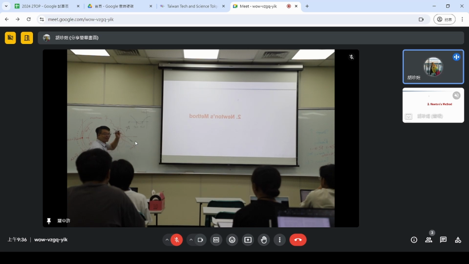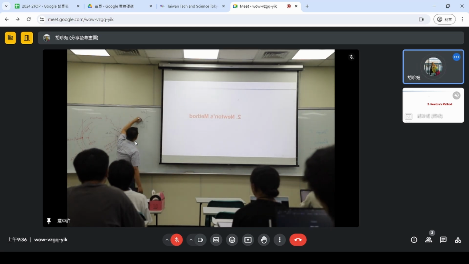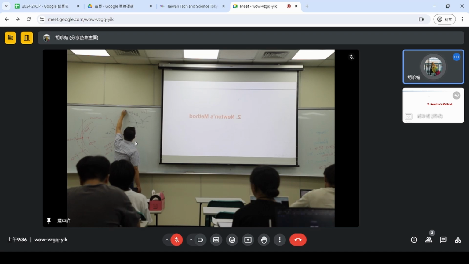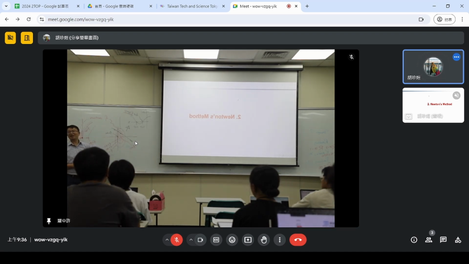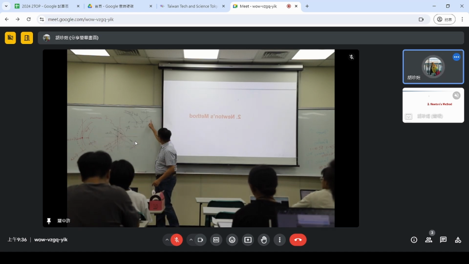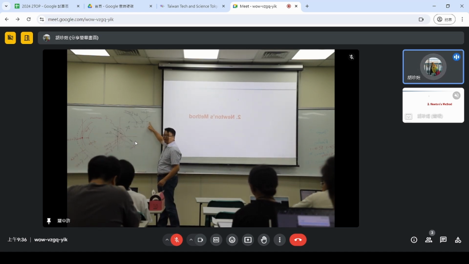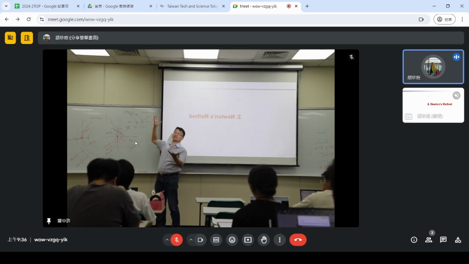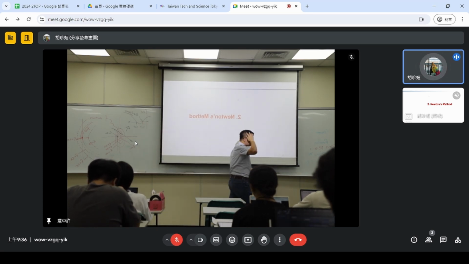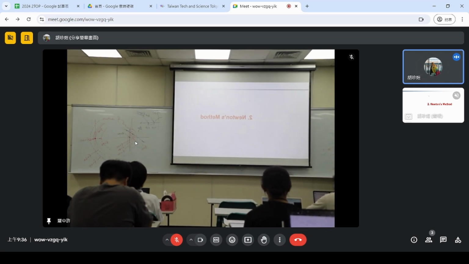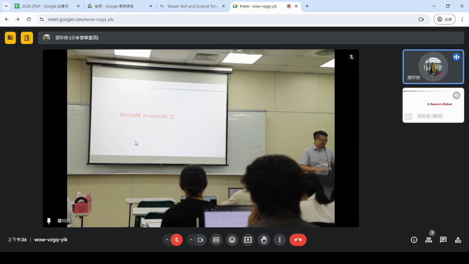Maybe not. But the goal is to find the position where f equals 0. That's what you learn about Newton's method, right? So you can just walk slowly from negative x until one day f equals 0, that's the solution. That's one way, but that's not the Newton way, right? Newton is smart.